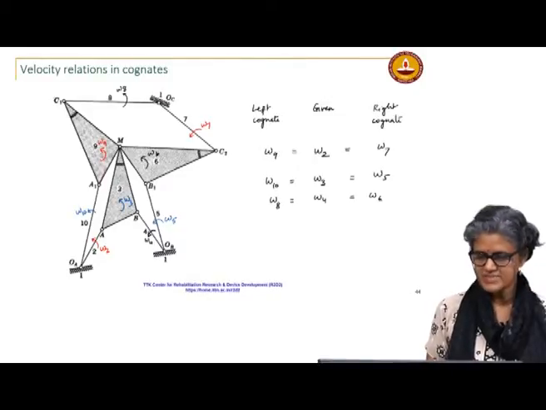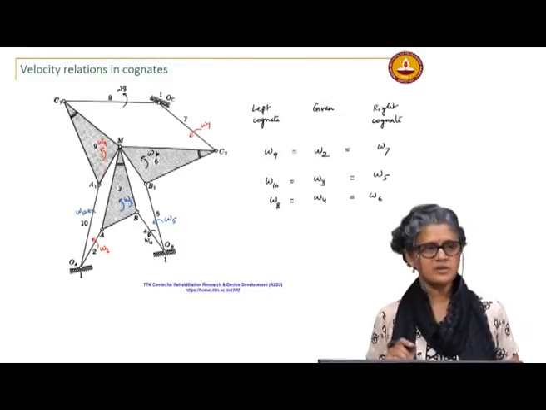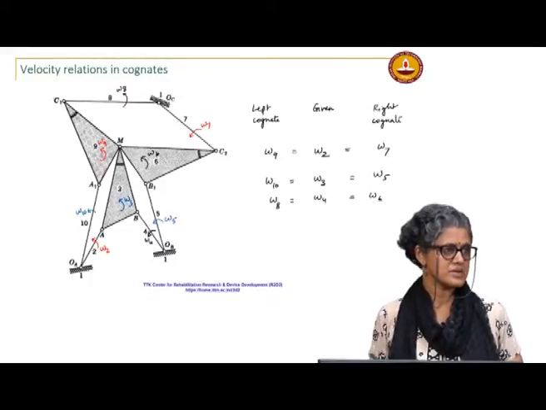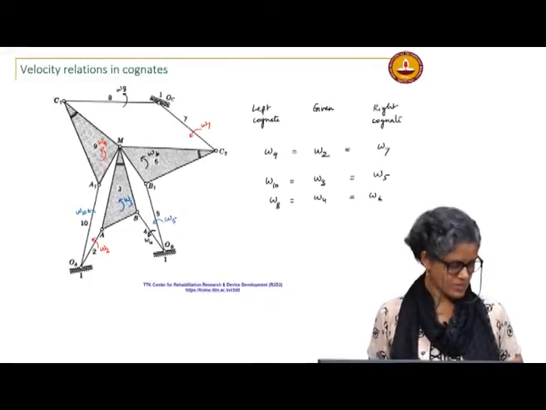So, a cognate is essentially just a linkage of different geometry which generates the same coupler curve. Okay.